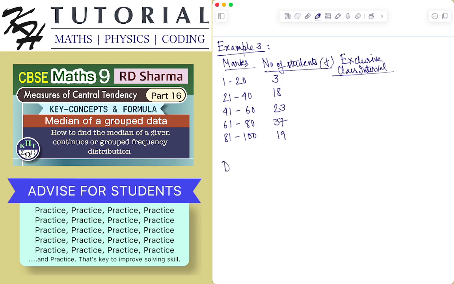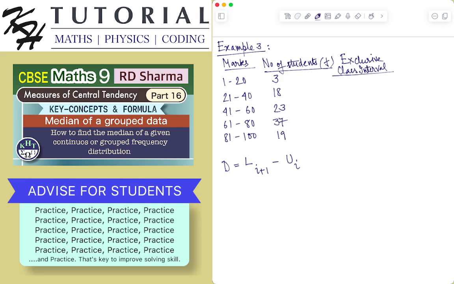Let D, the difference, be equal to, let's say, u(i+1). U means the upper limit. I am denoting u(i+1) to be the upper limit of the class interval for the (i+1)th row, minus, not upper limit but lower limit of the (i+1)th class interval minus the upper limit of the previous class interval, that is i.